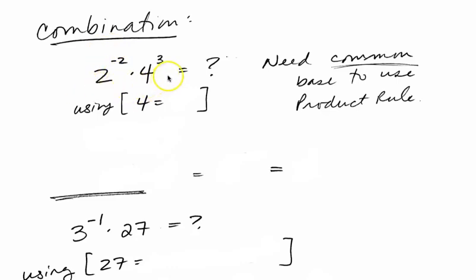And this is one of them that shows up there. You need a common base to use the product rule. And so what we're going to do then is rewrite 4 as something with a base of 2 in it, which we can definitely do because 4 is equal to 2 squared.